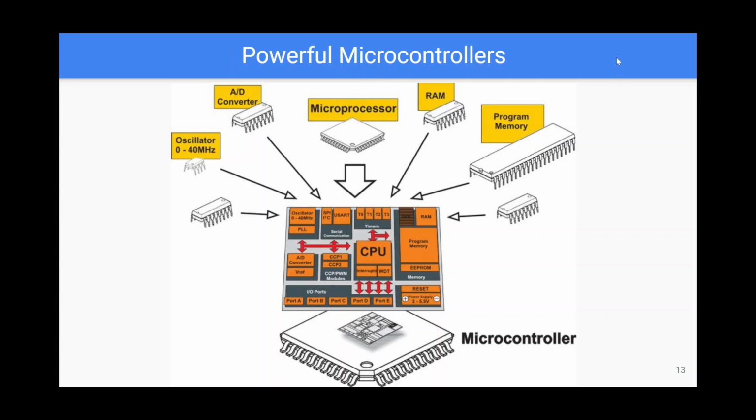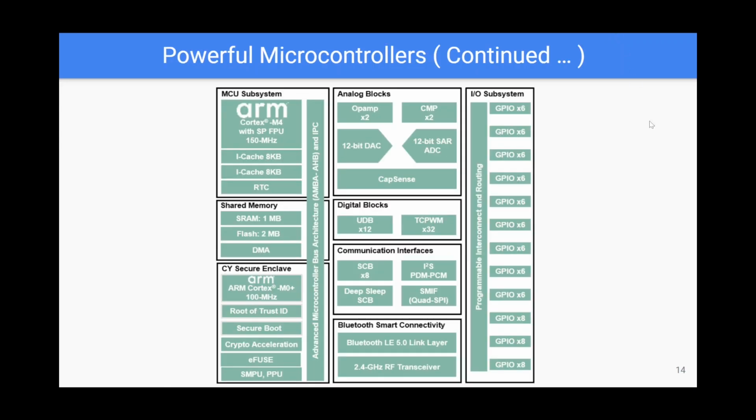And that's the kind of features a powerful microcontroller has, and how it looks as a block diagram. Again, this is an example of an ARM, I think it's a 64-bit. A microcontroller can be 8, 16, 32 or 64-bit.